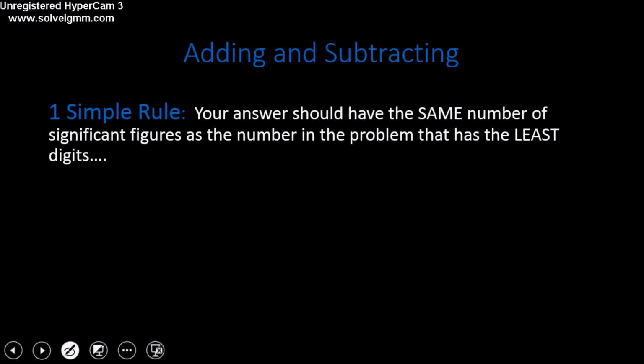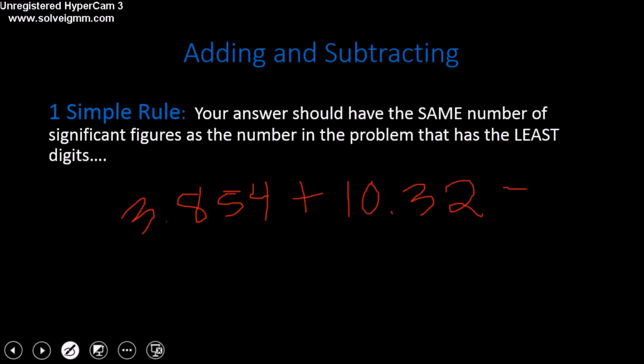Now, if you're adding and subtracting, really the same rules apply. Your answer should have the same number of significant figures as the number in the problem that has the least amount of significant digits. For example, if you're adding 3.854 plus 10.32, and you type this into your calculator, you're going to get a number that looks like this, 14.174.